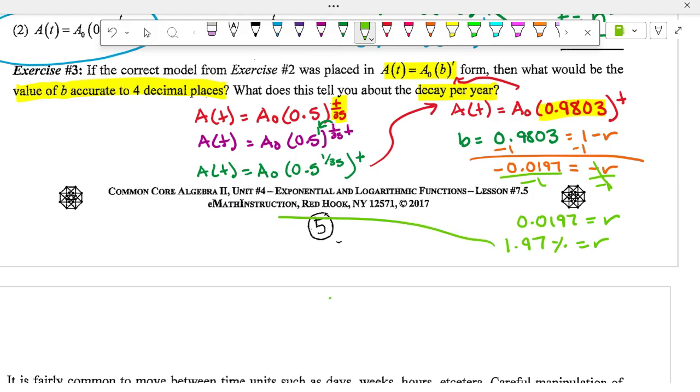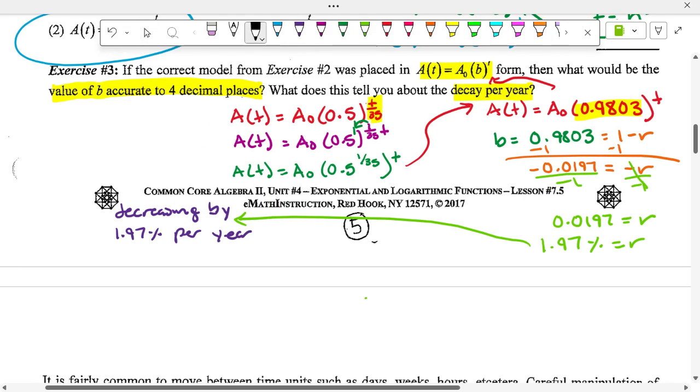So in other words, what's this mean in terms of the decay rate? We are decreasing by 1.97% per year. So in other words, the radioactive material is decreasing by 1.97% per year.